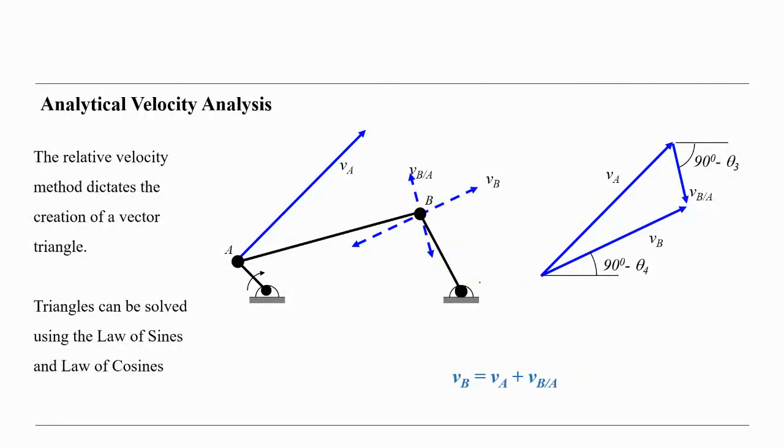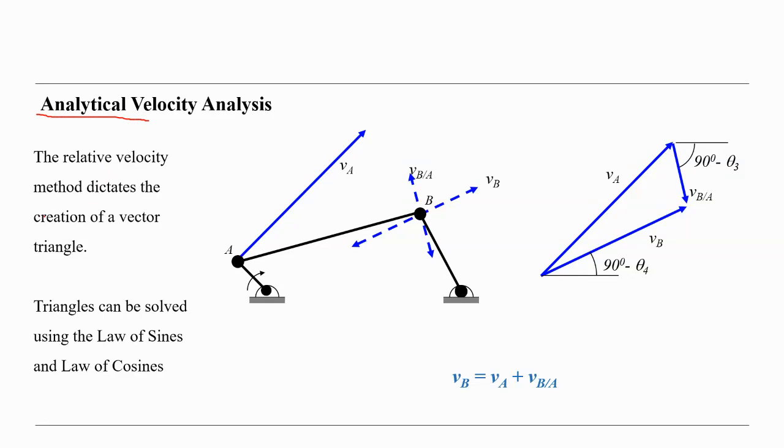So the analytical velocity analysis. We learned how we can calculate the velocities in the 4-bar mechanism using the graphical way. And now, how can we calculate the relative velocity or the velocity in the 4-bar mechanism using the analytical way or analytical method?